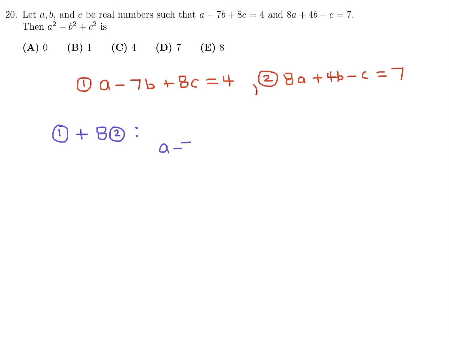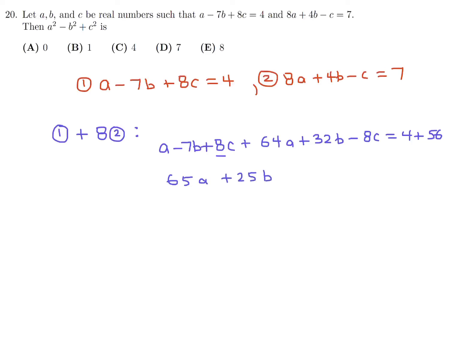So that's a minus 7b plus 8c, plus 64a plus 32b minus 8c, and then we have 4 plus 56. All right, so we have 65a plus 25b, and indeed the c's go, equals 60. And we can probably divide through by 5. 13a plus 5b is equal to 12.